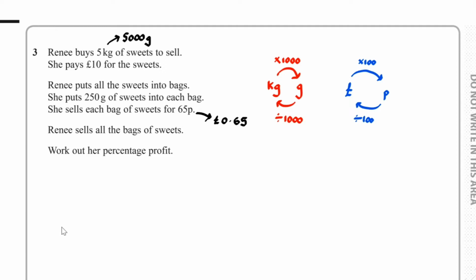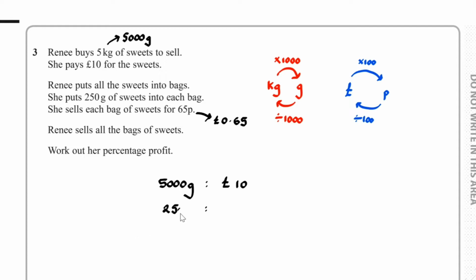So, what do we know already? We know that for 5000 grams, this costs us £10. Now, we are putting 250 grams into one bag, so we can find out the cost of one bag.